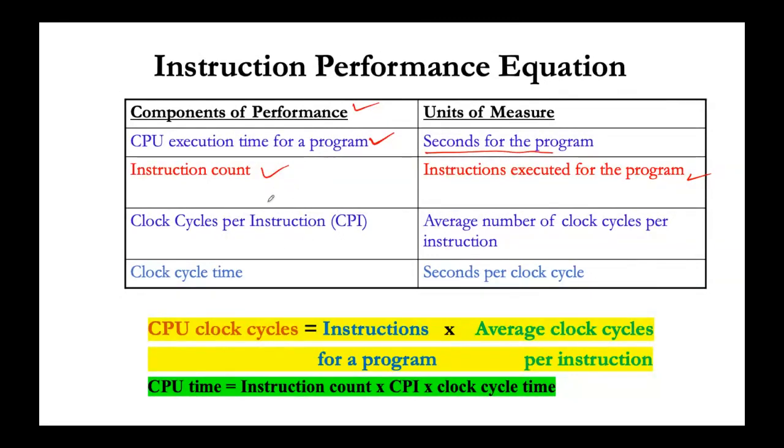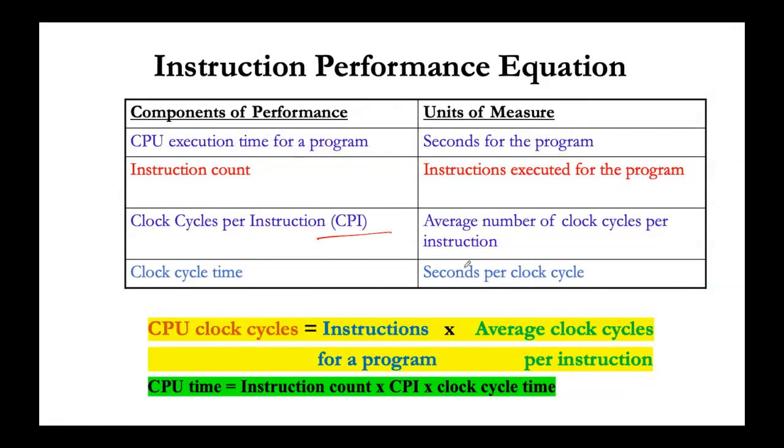And in addition to that, the clock cycles per instruction: for executing every instruction, how many clock cycles are required. So we write it as clock cycles per instruction. This clock cycles per instruction means the average number of clock cycles per instruction.